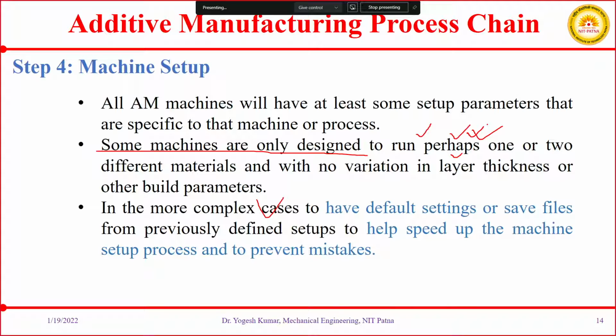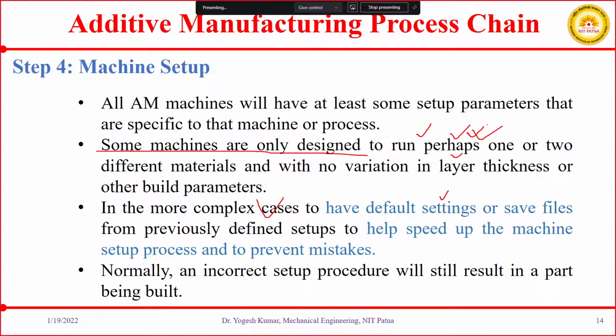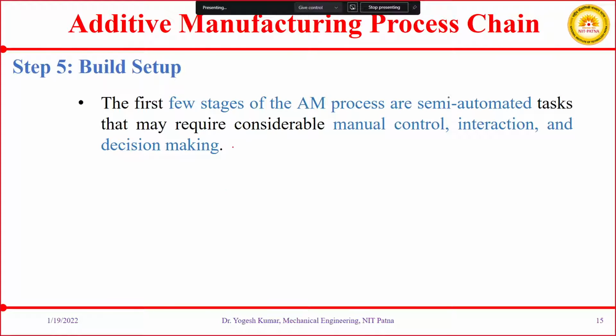Normally default settings are set so that you can print easily the material for which that machine is designed. Normally an incorrect setup procedure will still result in a part being built.